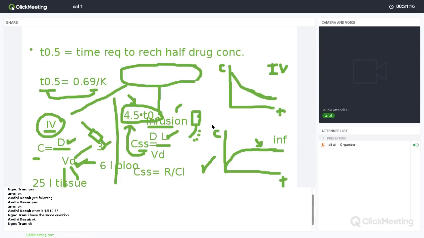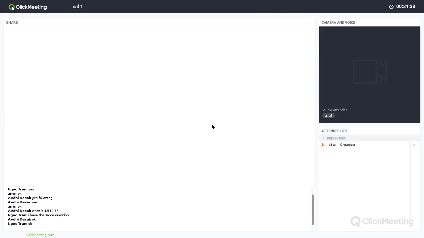Now we will take those equations into practice. Now we have collected all the information. We have given an overview of each type. The oral medication will be discussed later. Now we will go for the first question, how to solve questions.